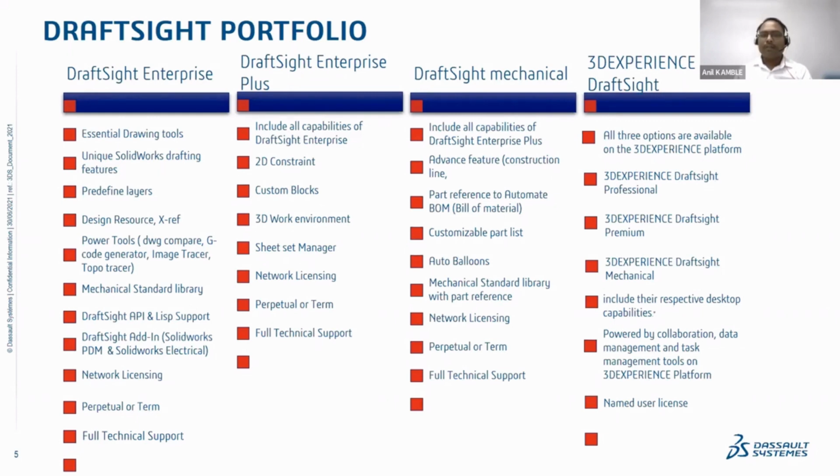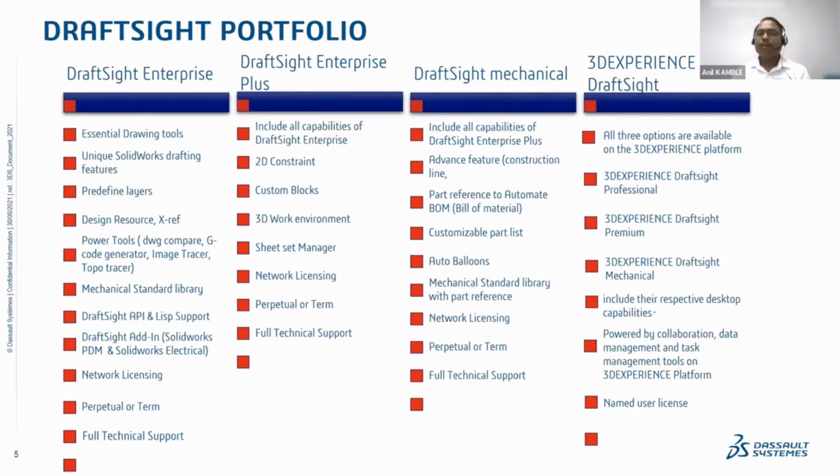It again comes with the standard library intact and with the part references. So any standard component placed in the drawing will be automatically reflected in the part list. Anyway, you do have the option whether you would like to reflect it or not. The choice is always for the user. Now even this DraftSight Mechanical comes as a network license with perpetual or term and with full technical support.